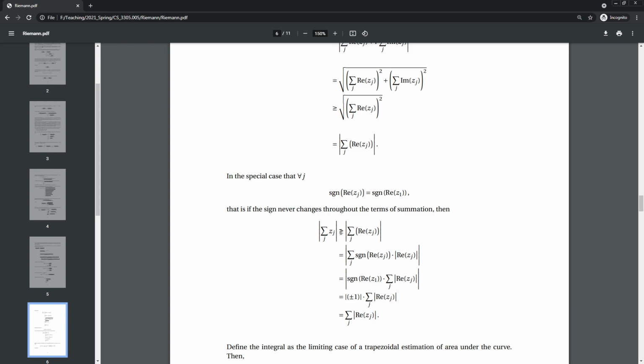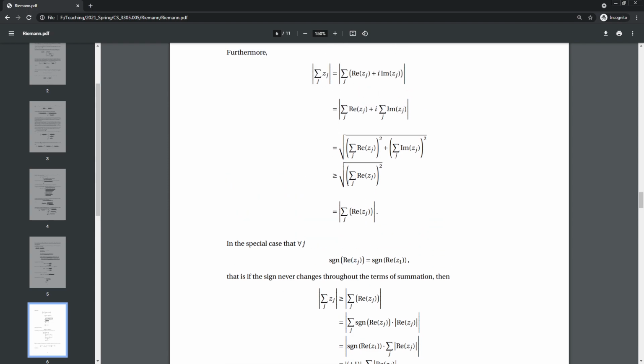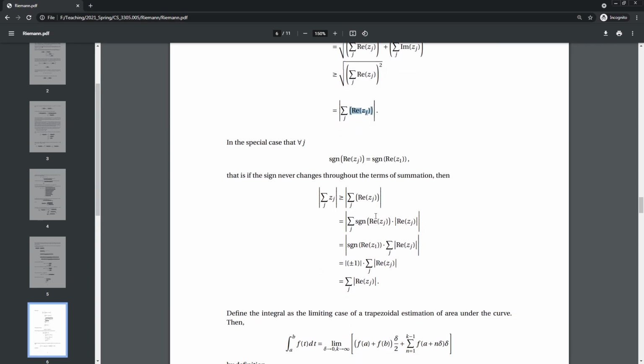So if the sign never changes for the real part, just the real part, then whenever we make this simplification, right, we go from this and say that that's always at least as large as when you consider only the real part.